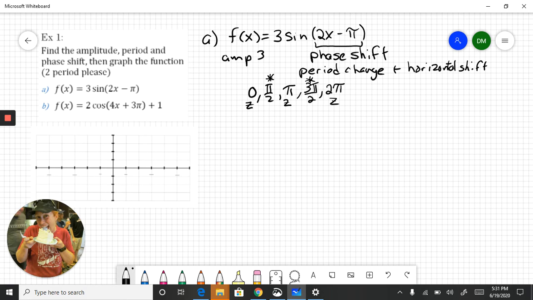So first thing I'm going to do is take my first 0. So parent graph, the point would be 0, 0. I am going to take this, set it equal to the phase shift, solve for x.